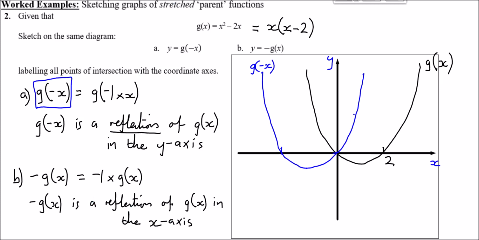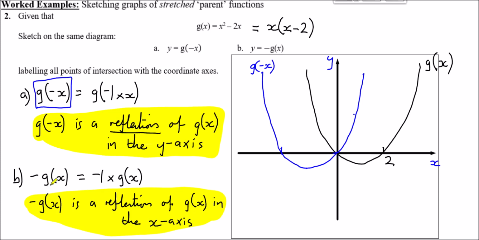And these are general results. So normally it'd be f of minus x and f of x, or minus f of x, but whether it be f, g, h, whatever, the general rule is the same. Minus f of x reflects f of x in the x-axis. f of minus x would reflect f of x in the y-axis.